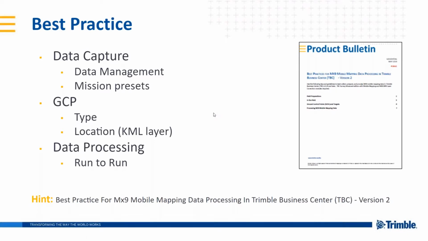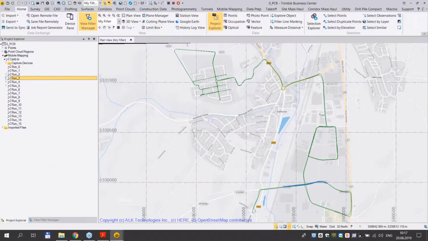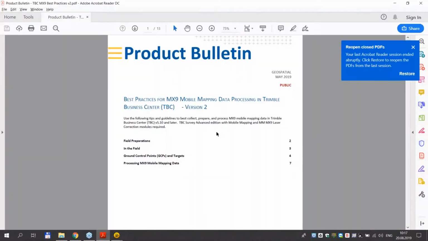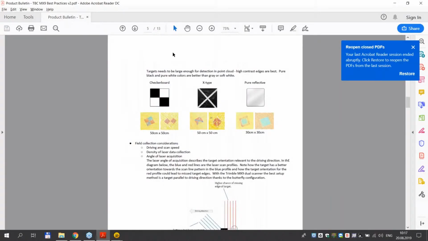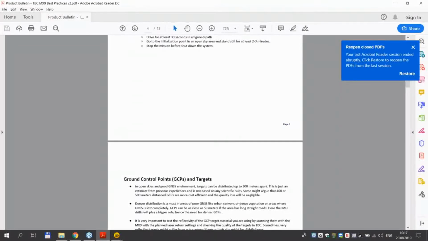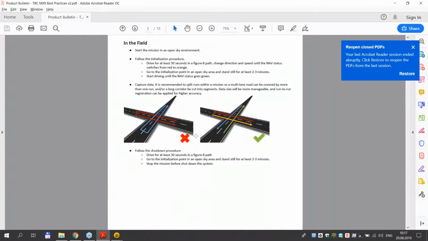Here, I just want to highlight best practices for point cloud registration. If you allow me, I just want to show briefly what I mean in this bulletin, and we will be happy to distribute it at the end of the webinar.